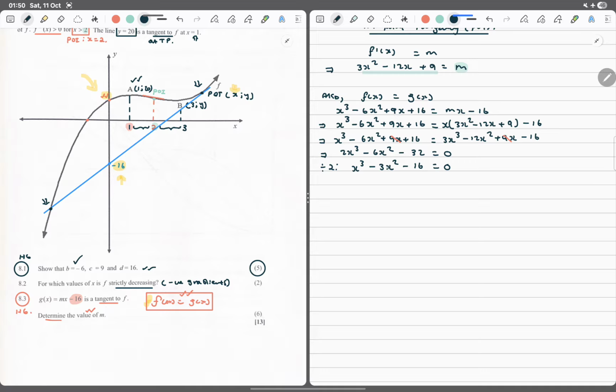And this is going to be minus 12. So minus 8 minus 12 is going to be minus 20. Minus 20 minus 16 is not happening. Let's check minus 3. This is going to be minus 27.